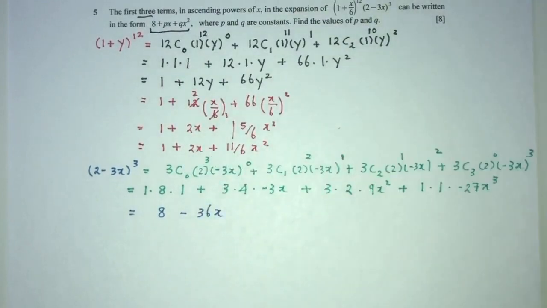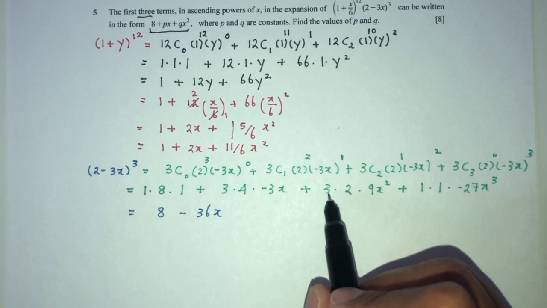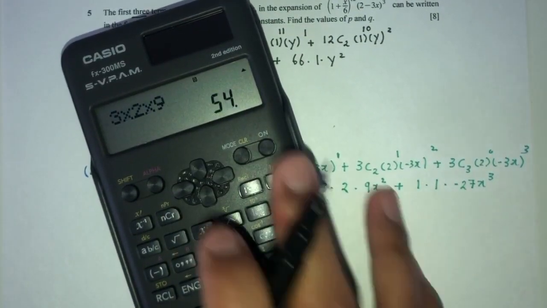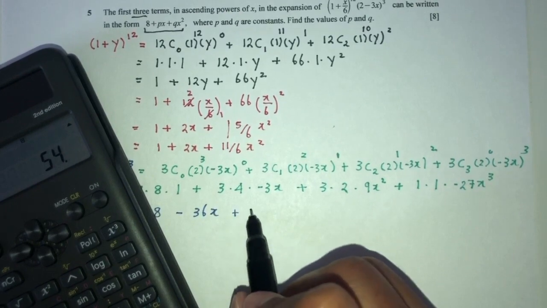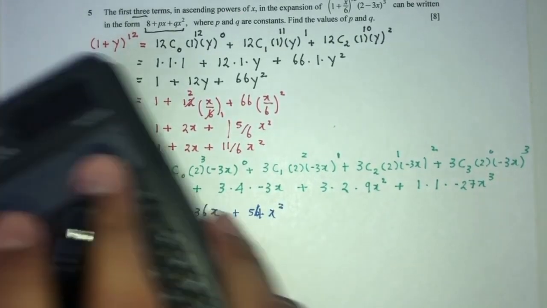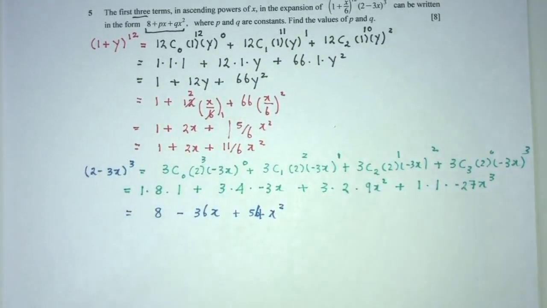So use a calculator always to help you with that. So we have 3 times 2 times 9, so use a calculator. 3 times 2 times 9, that will be plus 54x squared. Now this one we can leave outside because we don't need anything in powers of x cubed.